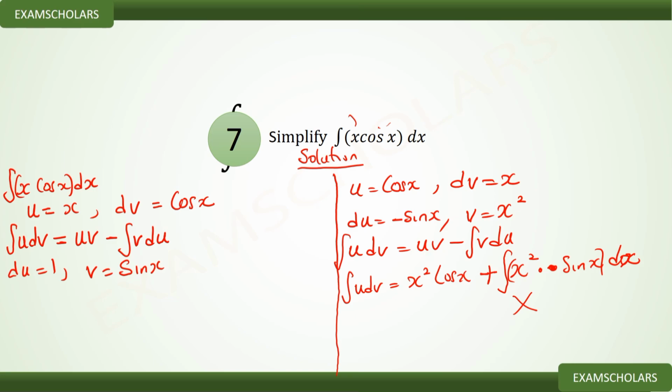But if you choose wisely, because this one is x, anytime you differentiate it, the power is going to be reducing. So even if this one is x squared, it is better for me to choose it as u, because I'll be differentiating it. It means I'm going to use integration by parts twice. If it is x cubed, I will still make x my u.